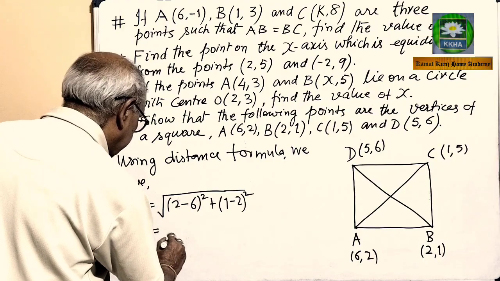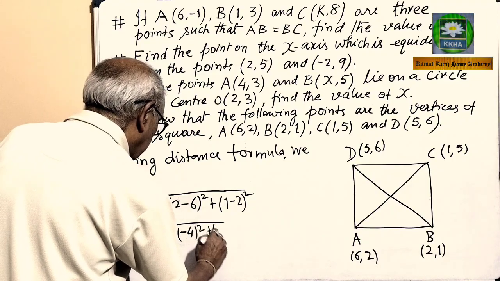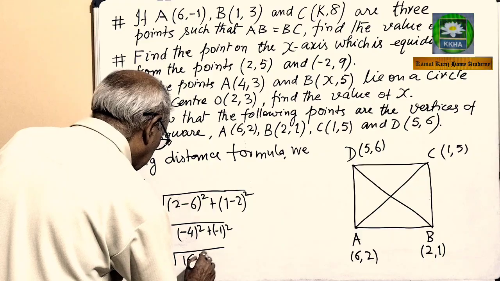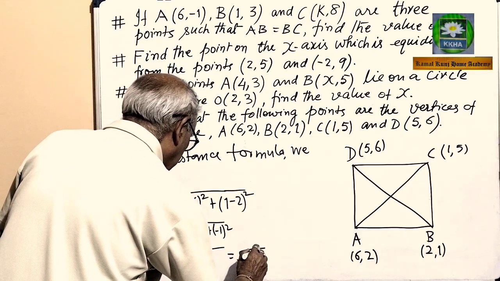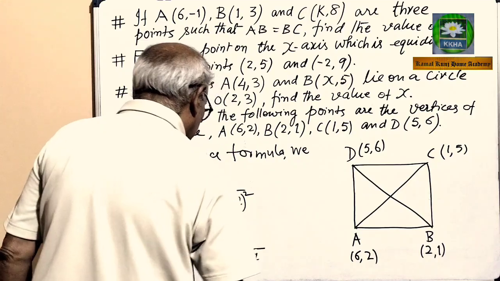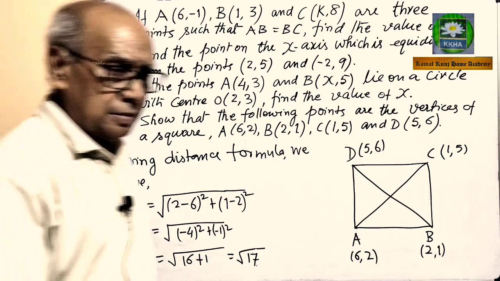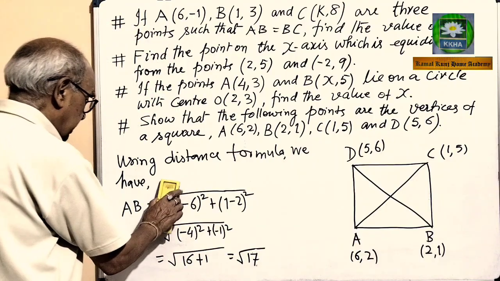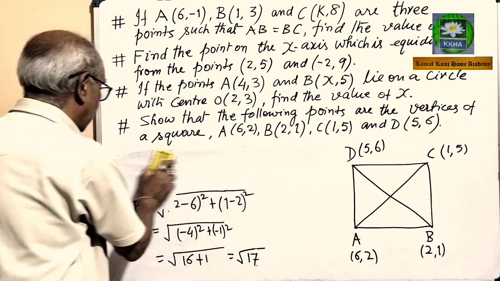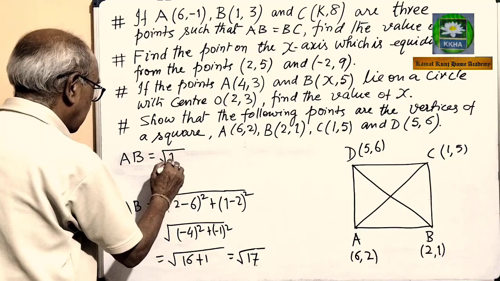This is equal to (minus 4) square plus (minus 1) square, which is 16 plus 1, equal to square root of 17. Yes, we get AB equal to root 17.